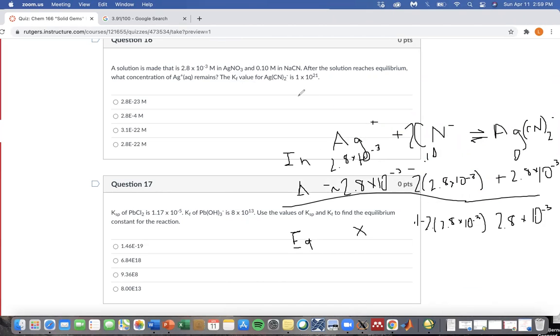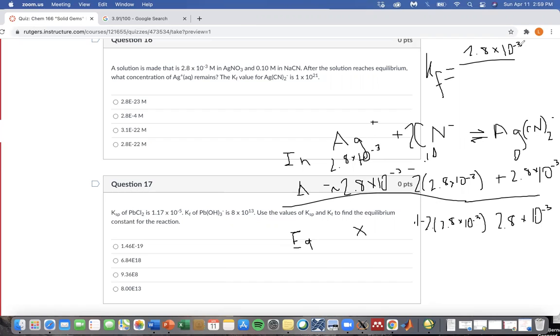And so when you solve for your concentration of Ag plus remaining, you're literally just solving for that x. So you remember your Kf was your products over your reactants. So it was Ag(CN)2 minus, which we have a concentration of 2.8 times 10 to the negative third molar for.